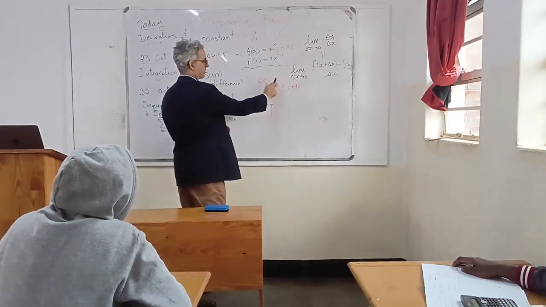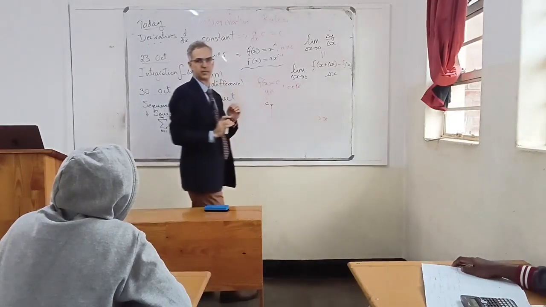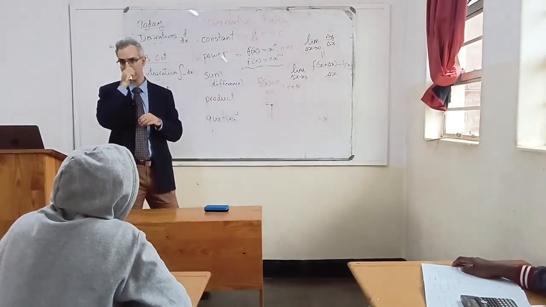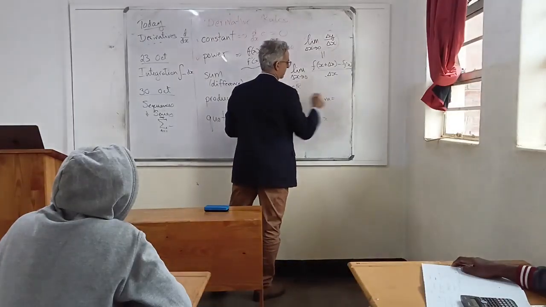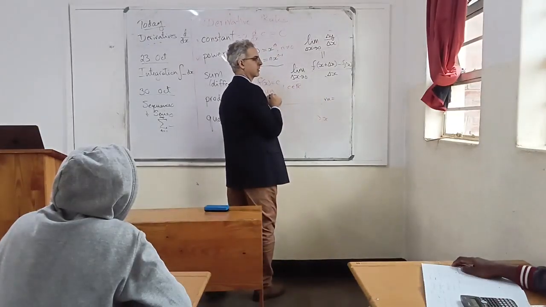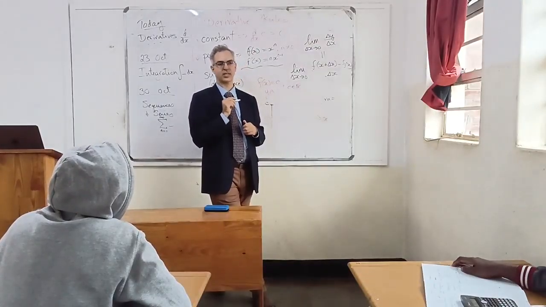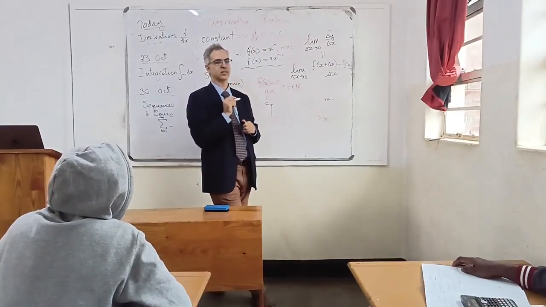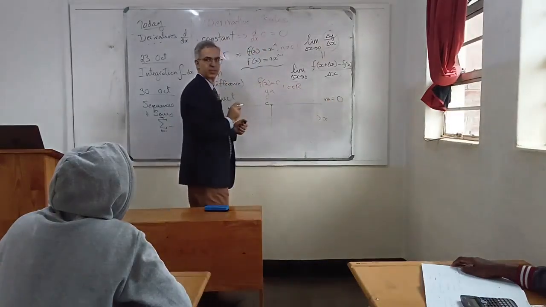And we've already shown that a function equal to a constant is a horizontal line. And a horizontal line always has a slope of 0. Everywhere the slope is 0.